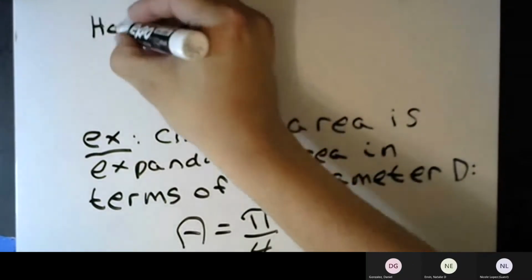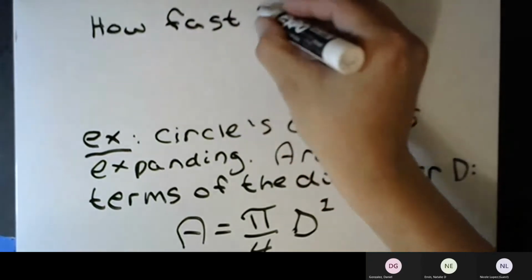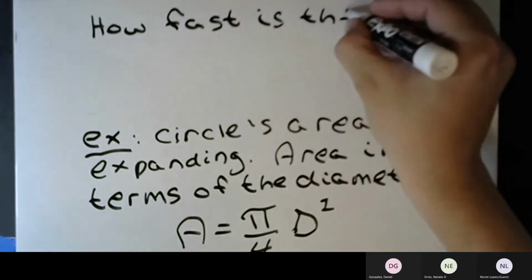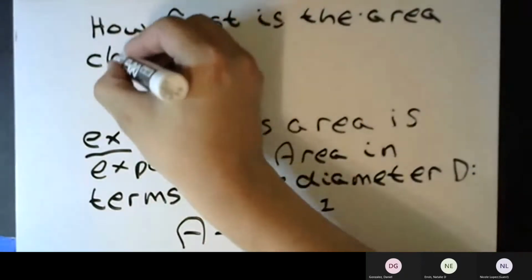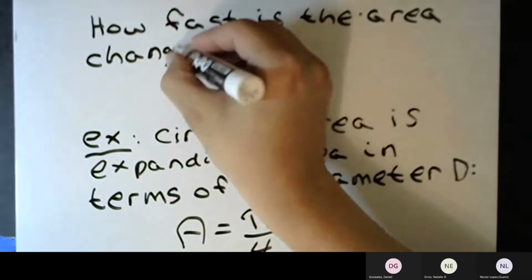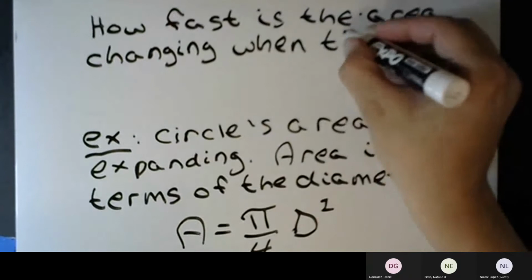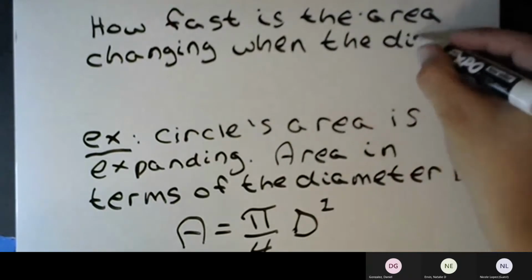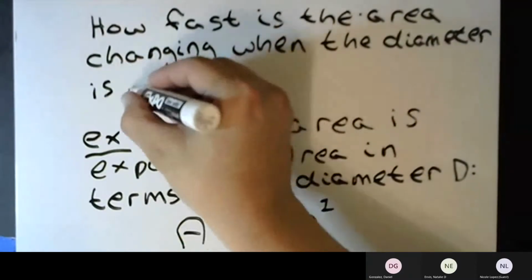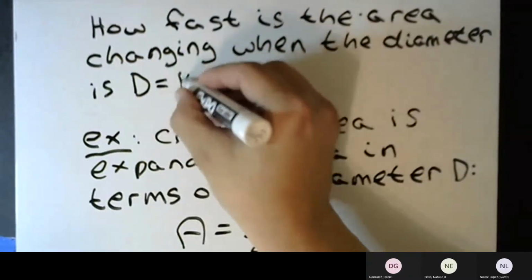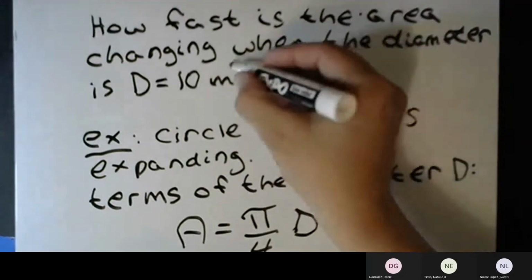How fast is the area changing when the diameter, and this is going to be a big one, is 10 meters. It's a pretty good size diameter.